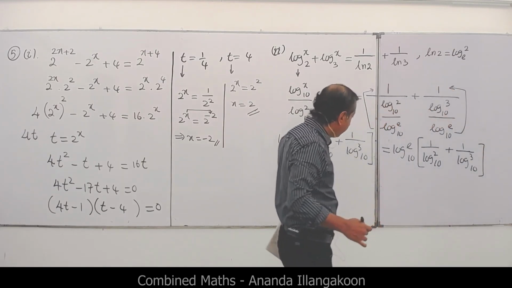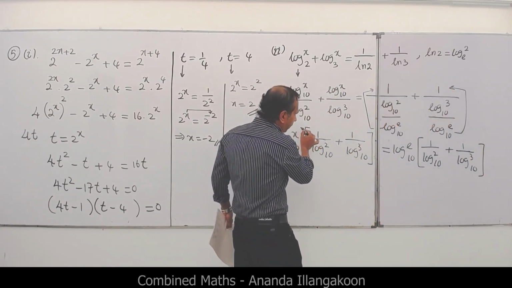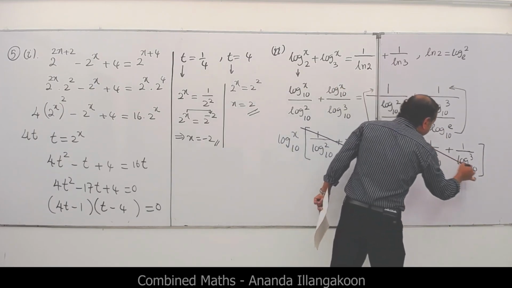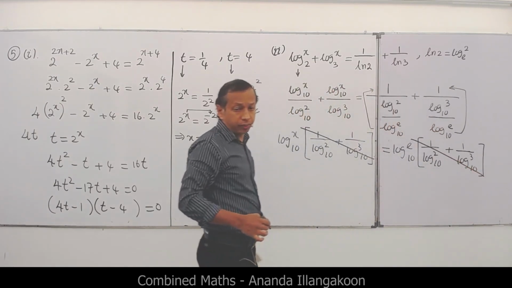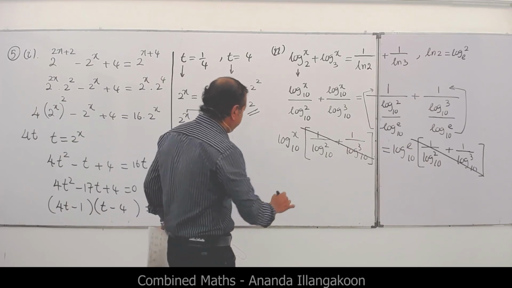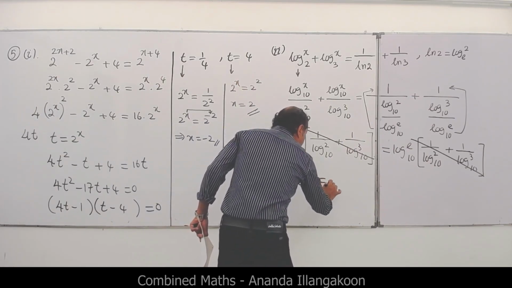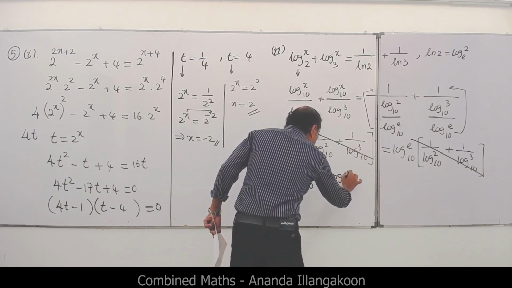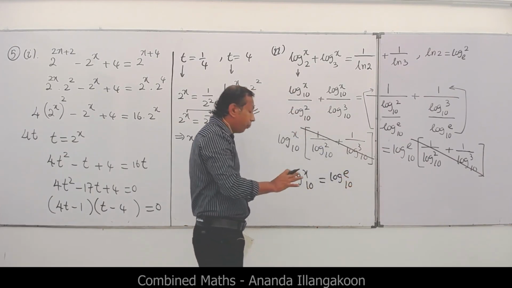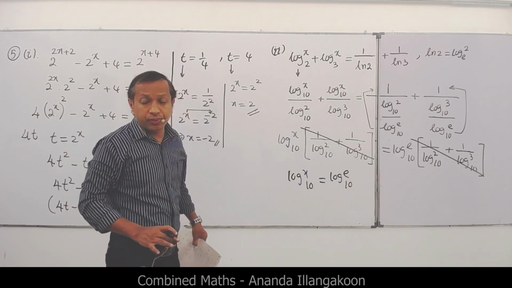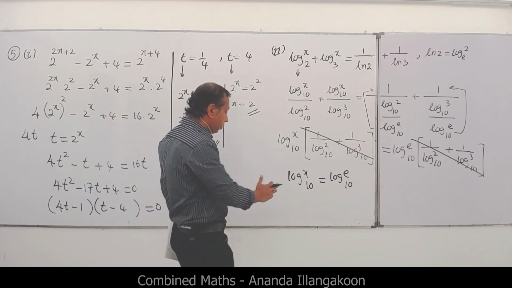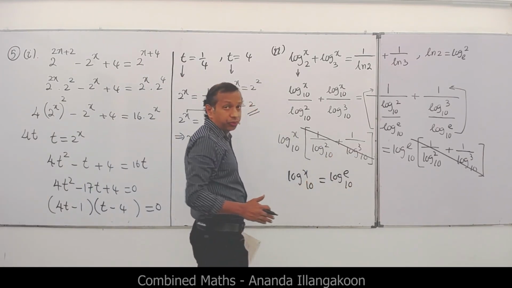Okay. The left and right, these two you can cancel down. This way you can cancel down. Then we get log x 10 is equal to log e 10. Right. Now we can remove log from both sides. You can't cancel down this log, that is actually wrong to say.